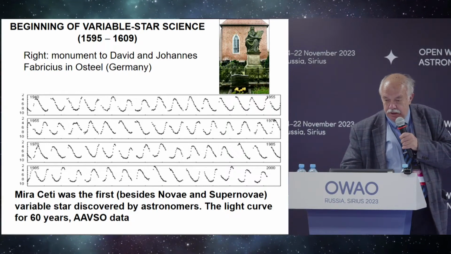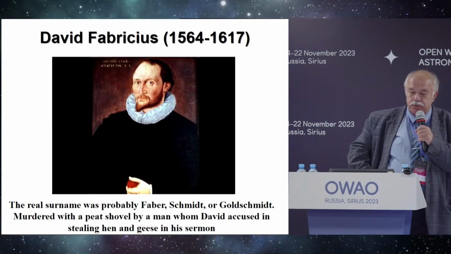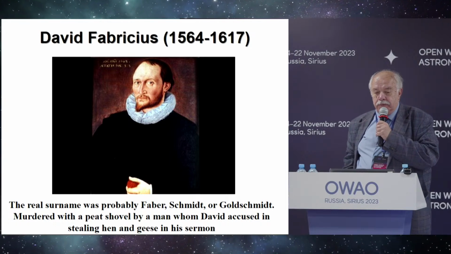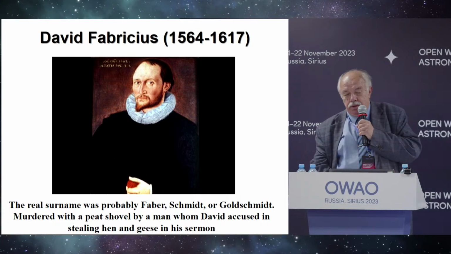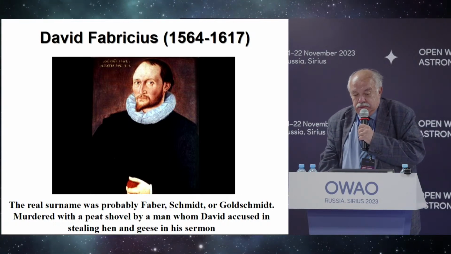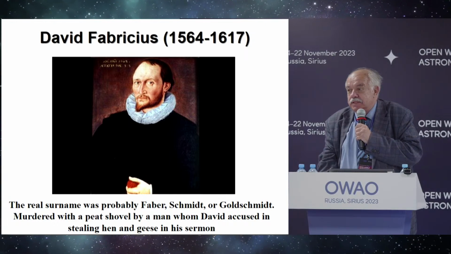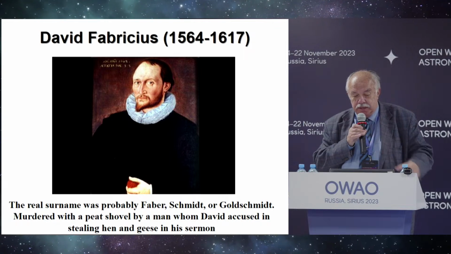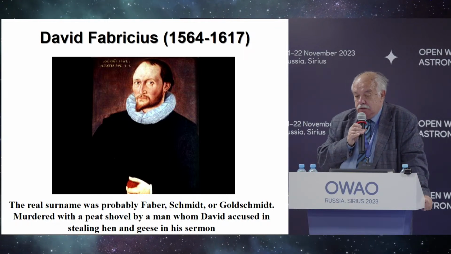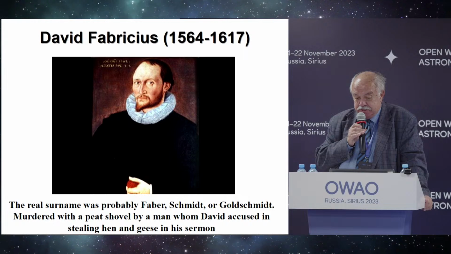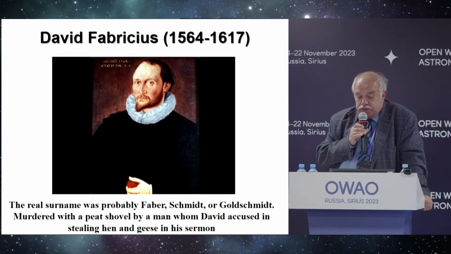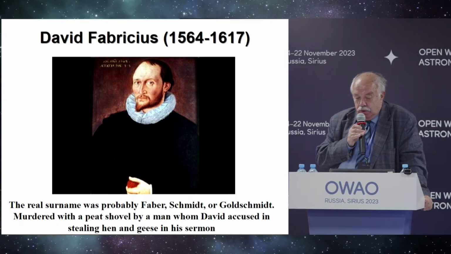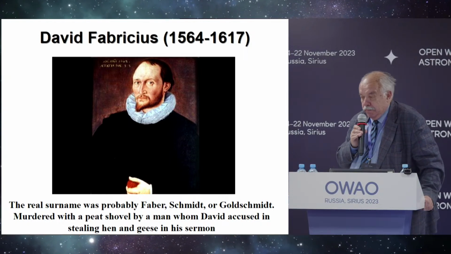And the guy who discovered this variable star, David Fabricius, well, he was German, and the name is Latinized. We don't know exactly his family name. There are several different hypotheses. For some reason, Faber, Schmidt, or Goldschmidt.